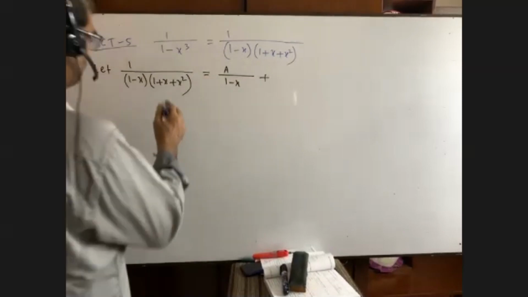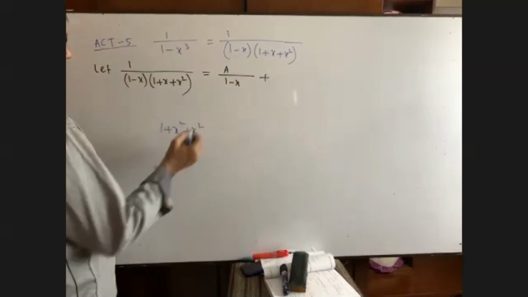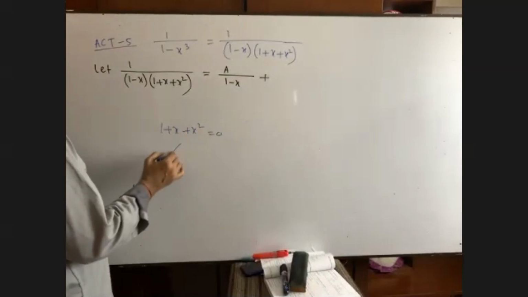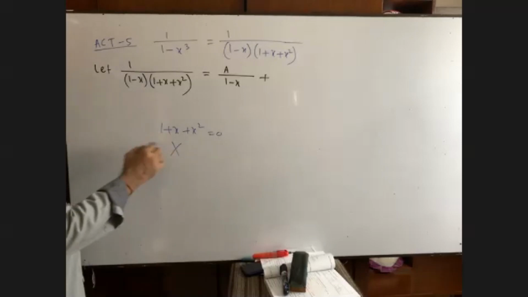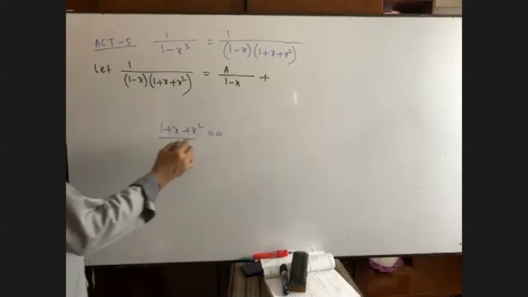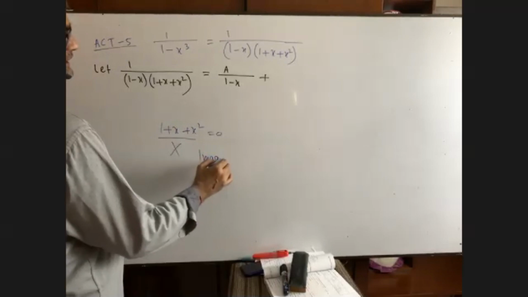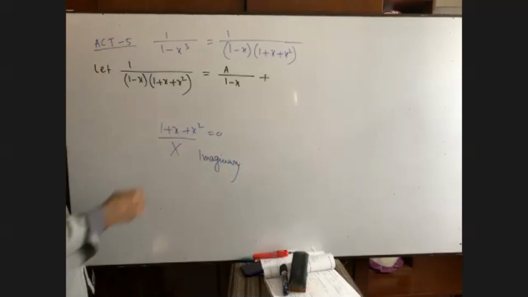Okay, you see, if we go for factorizing this, suppose it is equal to 0. Okay, we won't get any value of x. Have you got me? We won't get any value of x. Can you find the value of x? Yes, you can, but it will be imaginary number. Okay, we cannot factorize it.